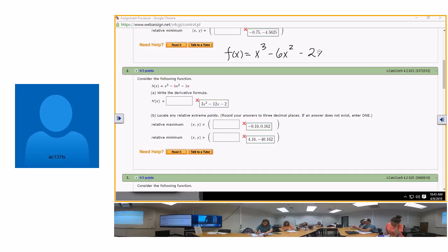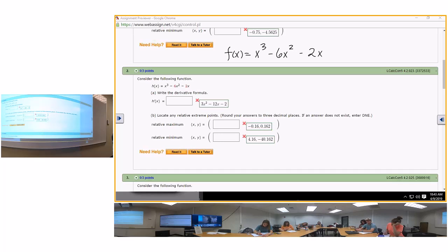Now in this case, you might not be able to do some of the stuff that you were doing with the parabola, because this thing has 2 turns in it, and it's going to be a cubic function, which means the ending behavior is going to look like this. Everybody with me? So you know it's going to be doing something funky in the middle, or it's going to be just increasing.